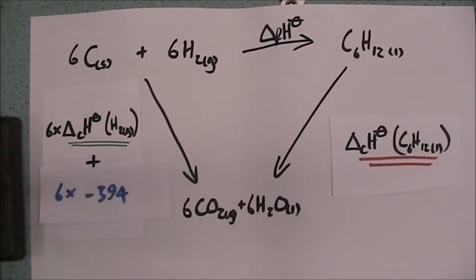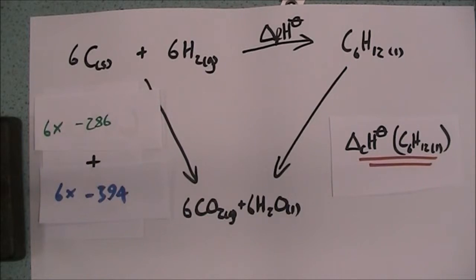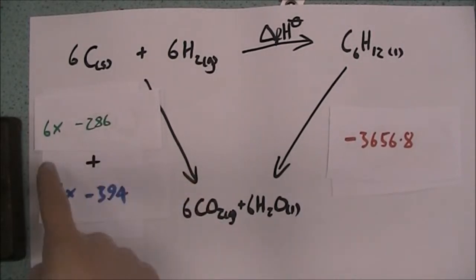We have 6 times minus 394, because that's what it said in the table, and we have 6 times minus 286, because that's what it said in the table, and over here, we have 1 of what it says in the table, so we've got minus 3656.8.